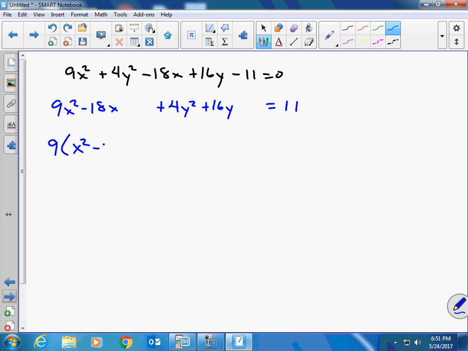Dividing 18 by 9 gives me 2. Leave myself a space. Divide out or factor out the 4. Leave myself a space. Now, figure out what you have to add to complete the square. Divide the coefficient of x by 2 and square it. Divide the coefficient of y by 2 and square it.